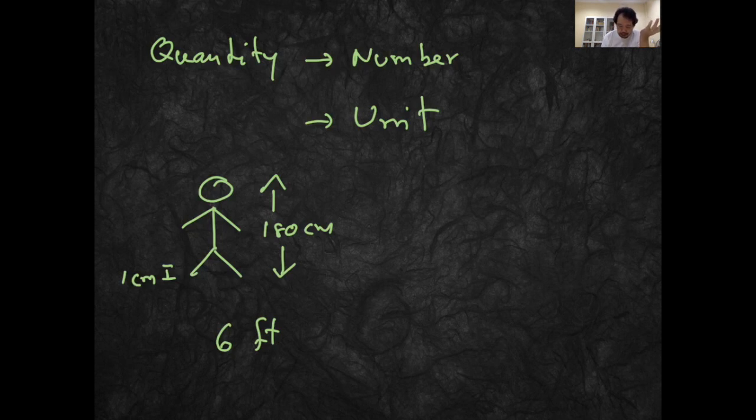Or you may say that your height is 1.80 meters, which means that you compare your height with the standard meter, and it is 1.80 times the standard meter. Or you can express your height in the unit of feet, which means that you compare your height with the standard foot. So one quantity can be expressed with different units.